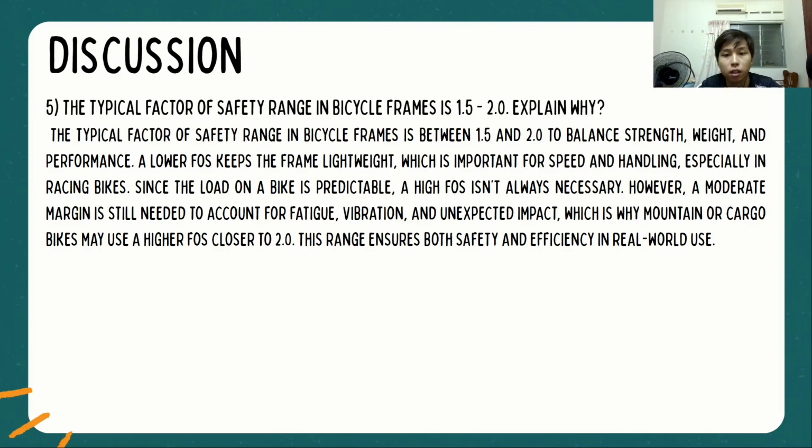However, a moderate margin is still needed to account for fatigue, vibration, and unexpected impact, which is why mountain or cargo bikes may use a higher factor of safety closer to 2.0. This range ensures both safety and efficiency in real world use.